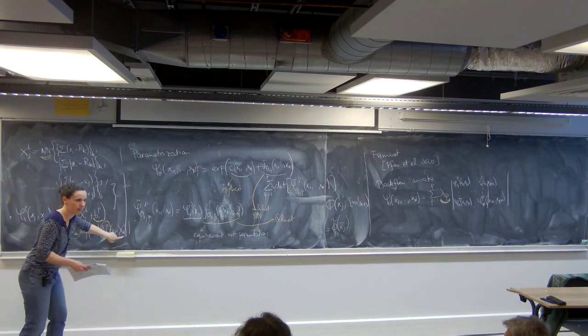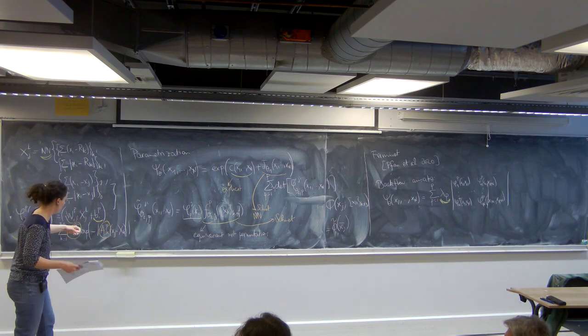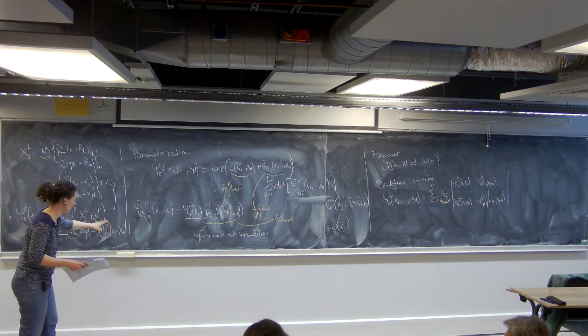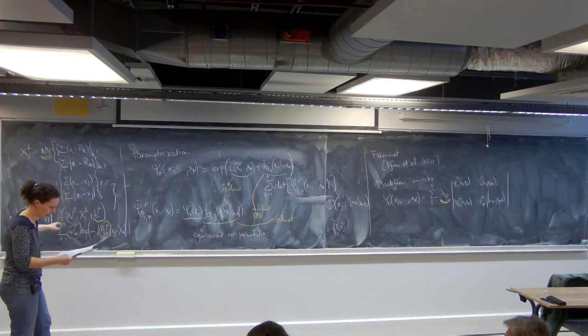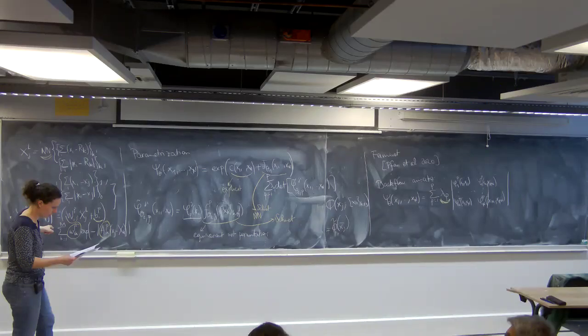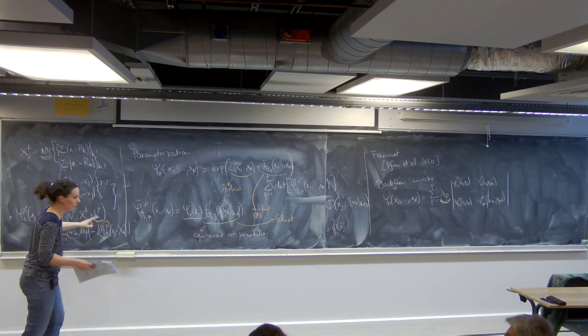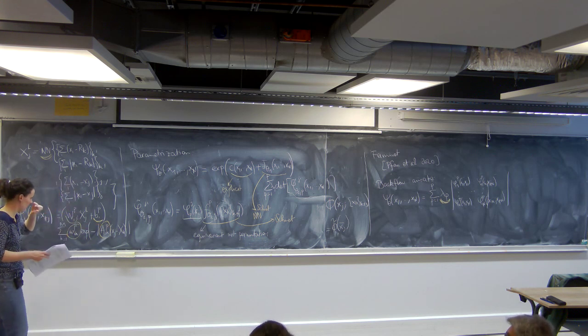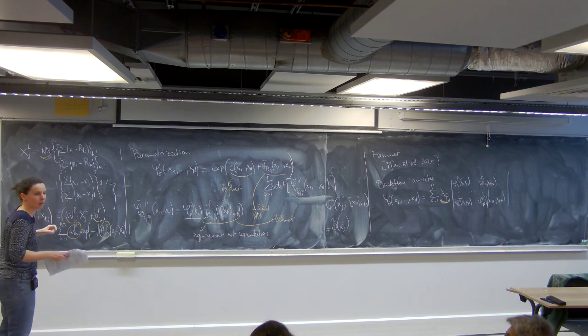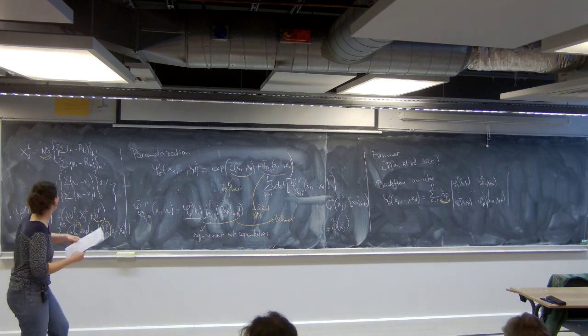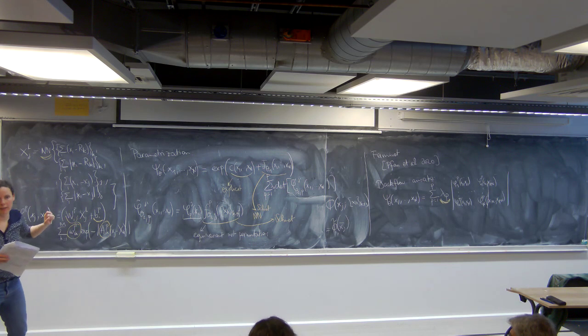No, yeah, that's the same capital X. It's just that they write it as some kind of vector, but that should be the same. What is the capital R? Sorry, the capital R are the positions of the nuclei.